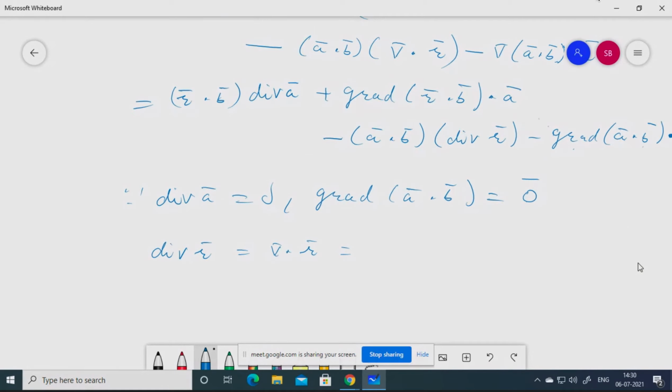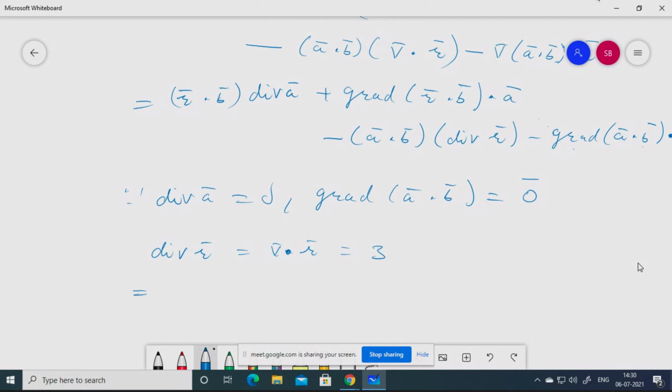All of you know what is r bar. 3. Very good. Just apply the operator del dot r bar. R bar is xi plus yj plus zk. So when you take the dot product, I dot I, and dou by dou x of x itself will be 1. So 1 plus 1 plus 1 will be 3. Are you able to follow the remaining students? Okay, so these 3 values we have.